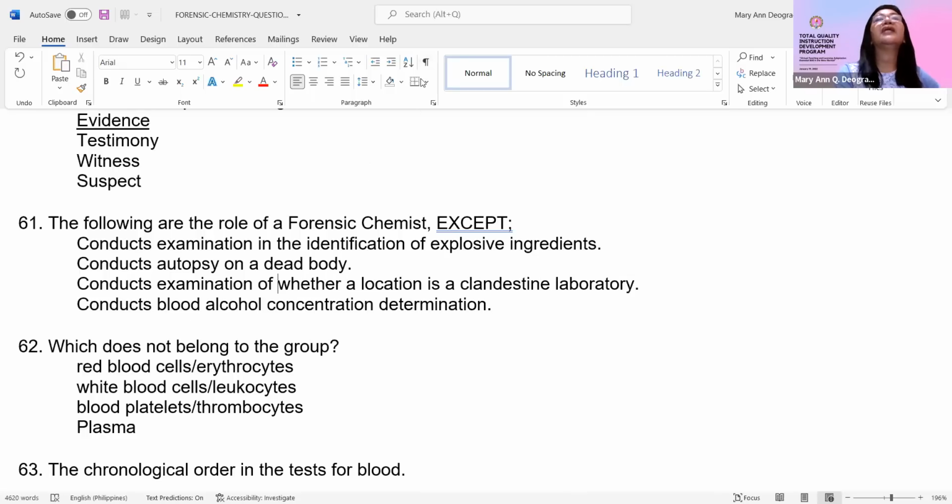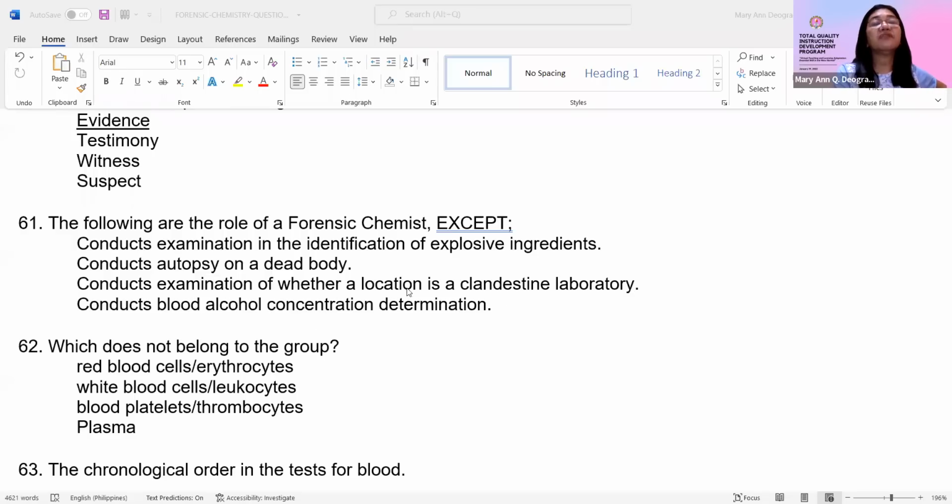O, alin na hindi? Okay, letter B. Tama. Okay, identification of explosive ingredients. So that's one role of a forensic chemist.